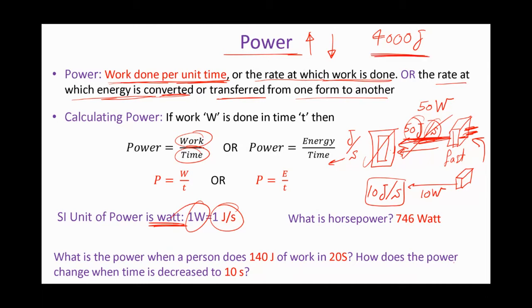This is the capacity of the battery. Giving it this amount of energy at a rate of 50 joule per second is much better than giving the same amount at a lower rate of 10 joule per second. So the high power is better than the low power.